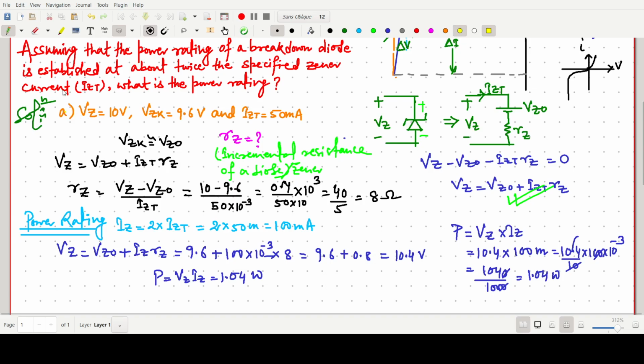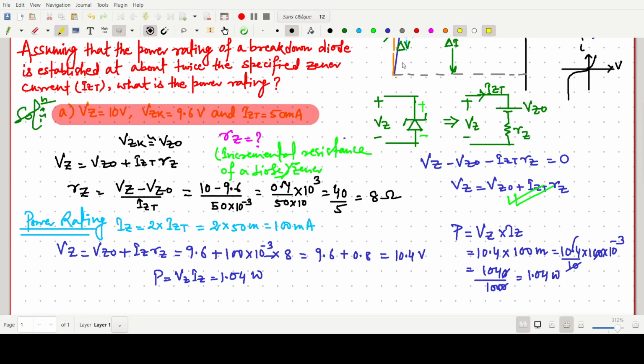This one is very simple. When this value is given, we have to take this assumption. Then RZ will be the missing link, so we find the RZ value from this expression. Then for the power rating, the Zener diode current is twice the specified test current, so take 2 times IZT every time.